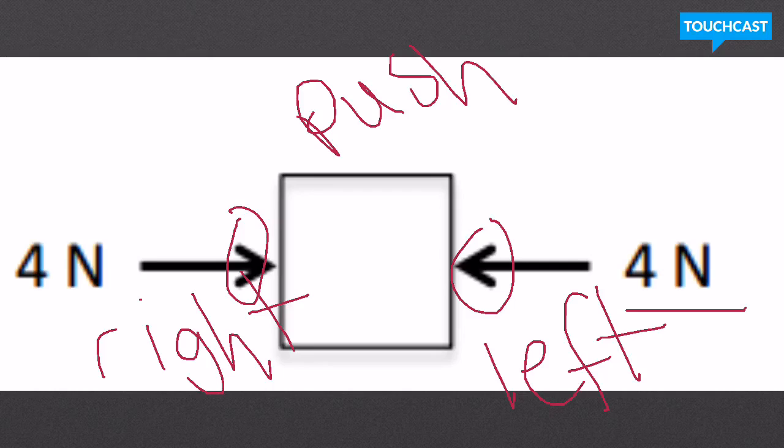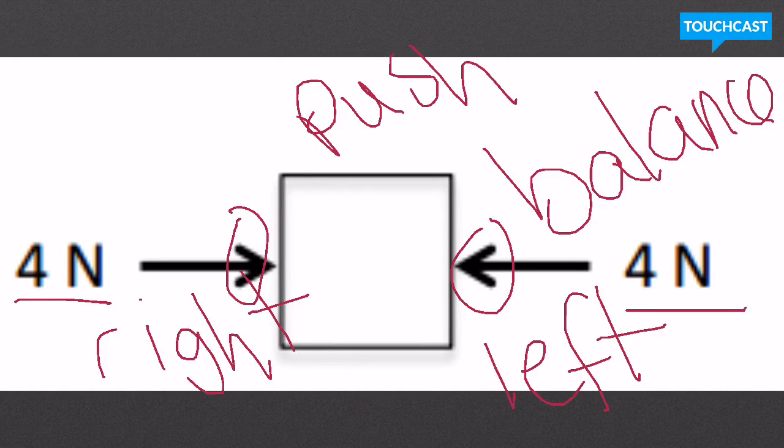So think about it. If somebody's pushing 4 newtons of force to the right and another person is pushing 4 newtons to the left, what would happen? Well, that leads us to our next topic. This is a balanced force. Okay, this means that it will not change its motion.